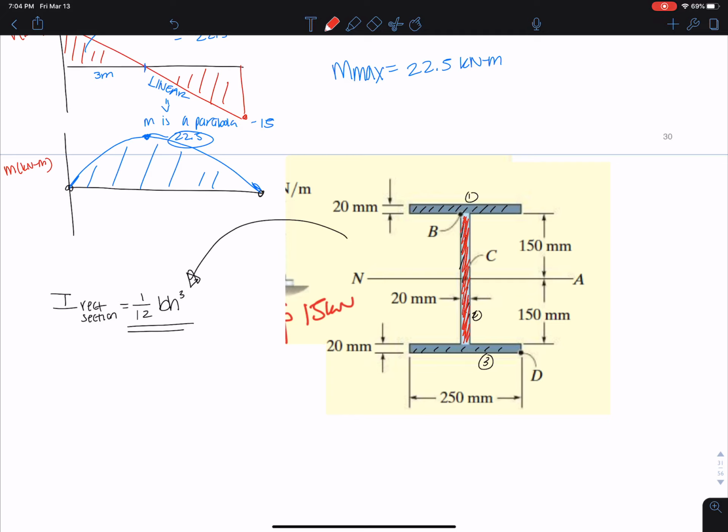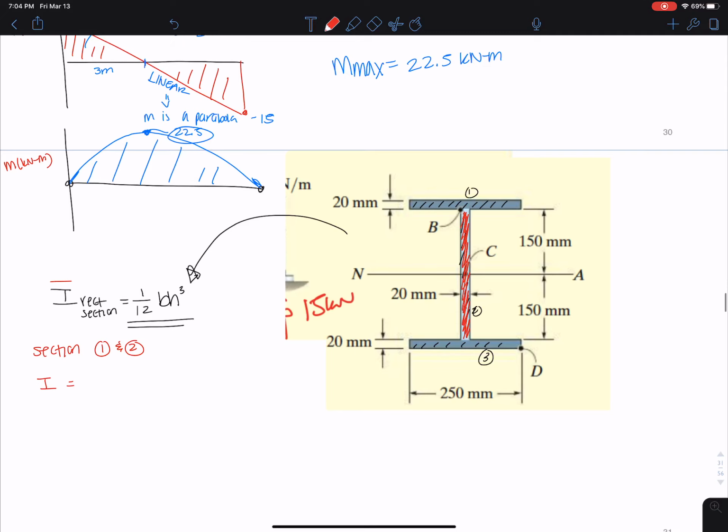For the other 2 sections in dark gray, I can use the same formula, but I have to use the formula plus kind of a trick. I'm going to call this I bar. For sections 1 and 3, I would be I bar, 1/12 b h cubed of that section, plus the area of that section times d squared.